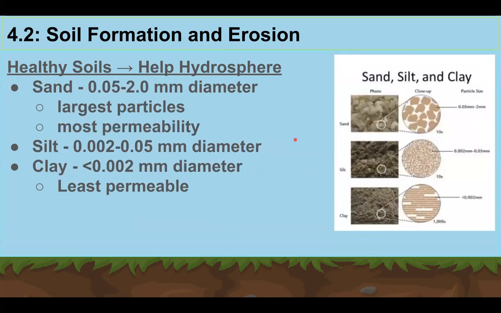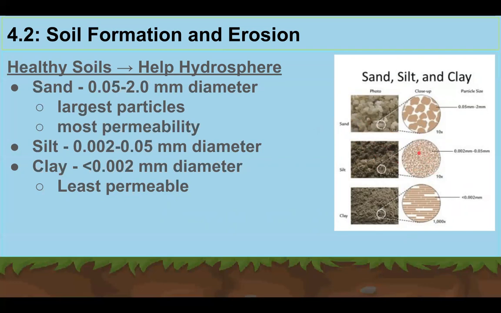Okay, so our different size particles here: sand, silt, and clay. Sand is the largest. It is the most permeable, so the largest gaps in between these particles. Silt is in between, much smaller than the sand particles, but still bigger than the clay. So it has less permeability, because as you can see, there's less space in between each of these just because they're smaller.